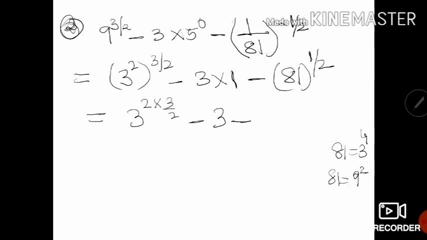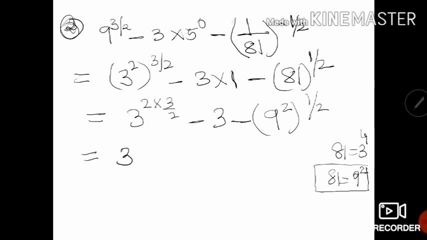So which one are we going to use? Obviously 81 equal to 9 square. How do we know? By looking at the power that is given, the nth power that is given. So 81 is written as 9 square to the power 1 on 2.